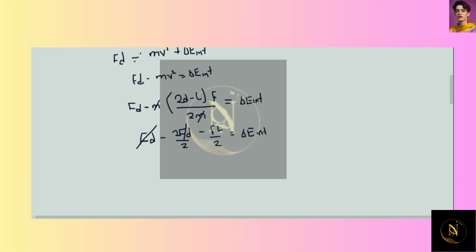And there was a negative sign here, which makes that a positive sign over here. So that expression ends up being half FL is the change in internal energy of the system.